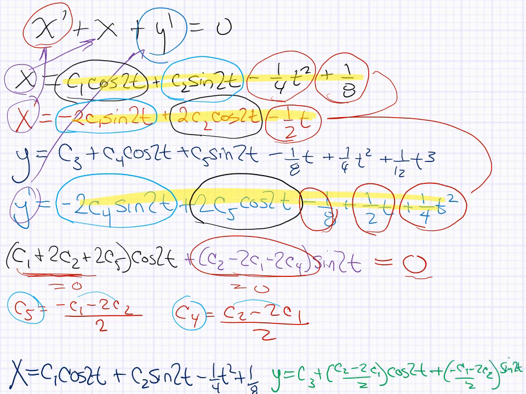And then I'm going to have to start writing up this way, plus all this other stuff. So minus 1/8, yeah, this is the problem with trying to do this on this little screen. Minus 1/8 t plus 1/4 t squared plus 1/12 t cubed.